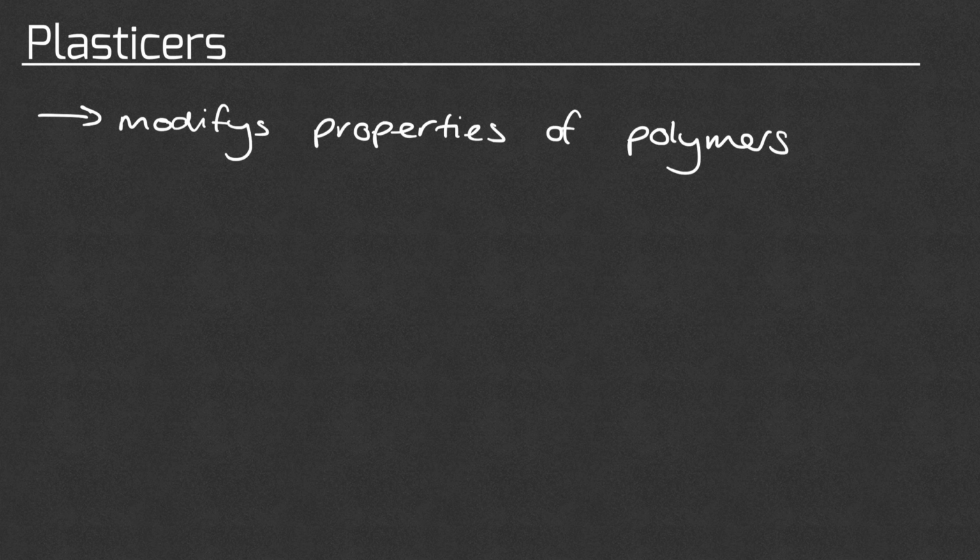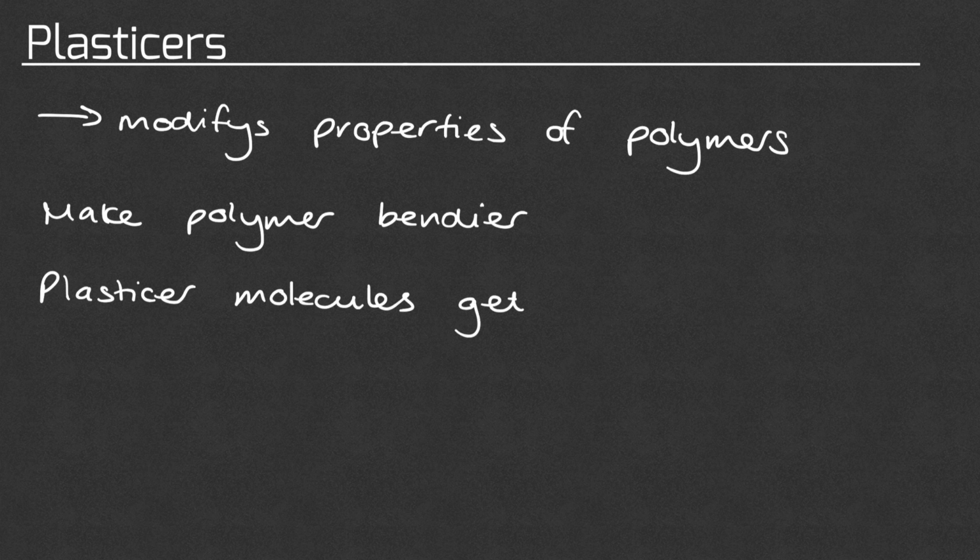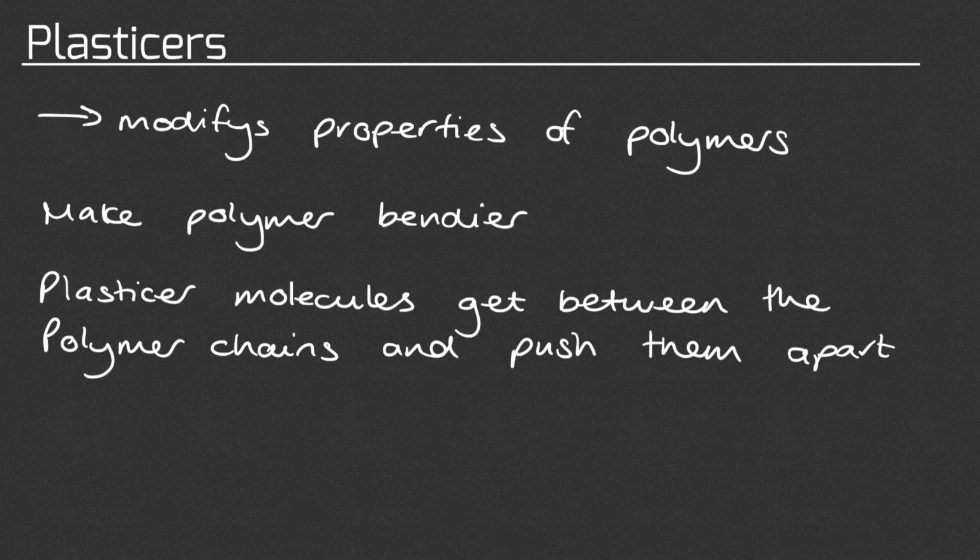Adding plasticizers to a polymer will modify its properties. These chemicals make the polymers bendier. The plasticizer molecules get between the polymer chains and push them apart.